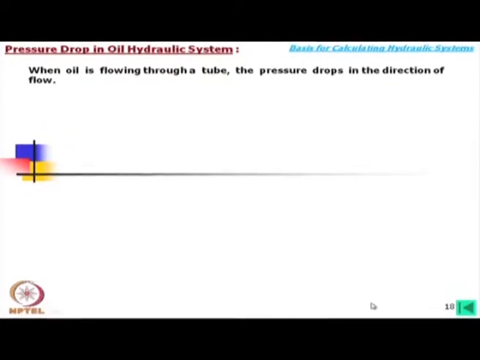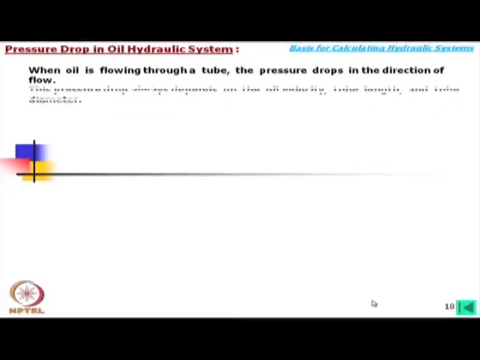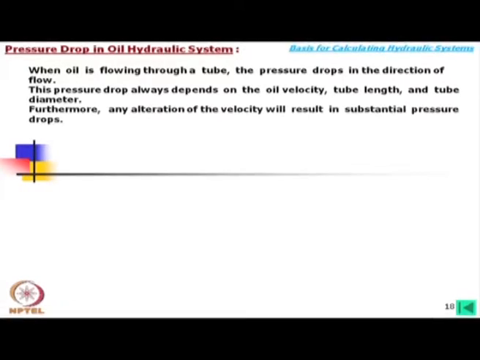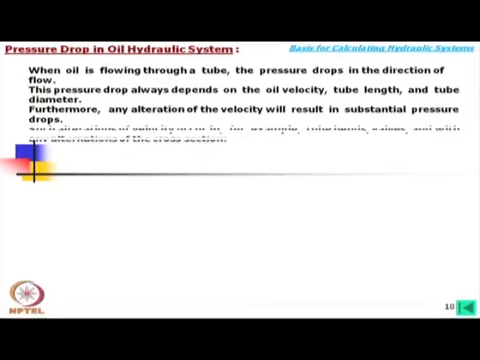Now, when oil is flowing through a tube, the pressure drops in the direction of flow is to be calculated. This pressure drop always depends on the oil velocity, tube length and tube diameter. Furthermore, any alteration of the velocity will result in substantial pressure drop.